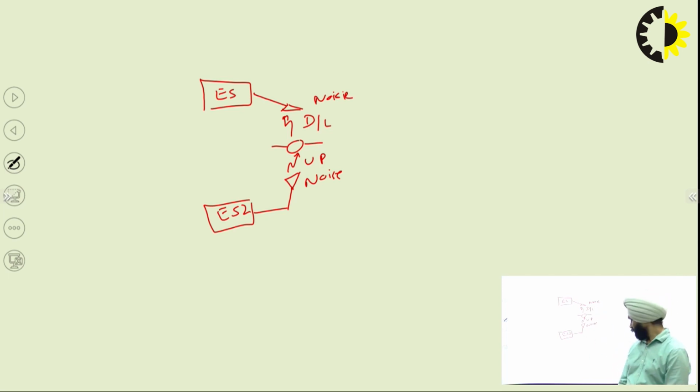If we have a satellite and a signal is being transmitted toward the receiver antenna, this receiving antenna must have low noise so that it can take the signal without adding further noise.